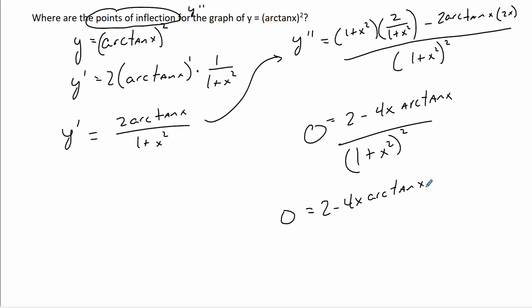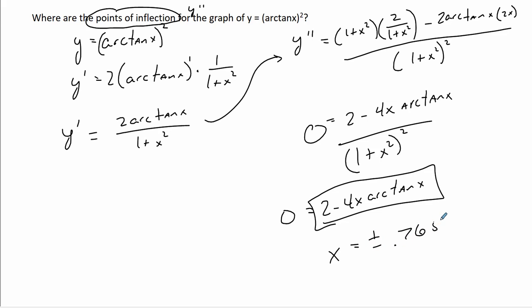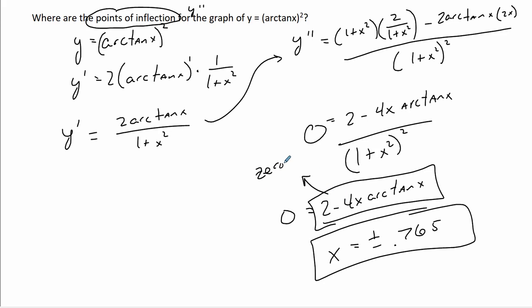If I plug this into my calculator, you're going to find that you get 2 answers: x is equal to plus and minus 0.765. Those are the values at which your double derivative touches the x-axis. You want to find the zeros of this function, and you'll find that it happens at 0.765 and negative 0.765. Okay, that's it for this one. Deuces. See you in the next one.